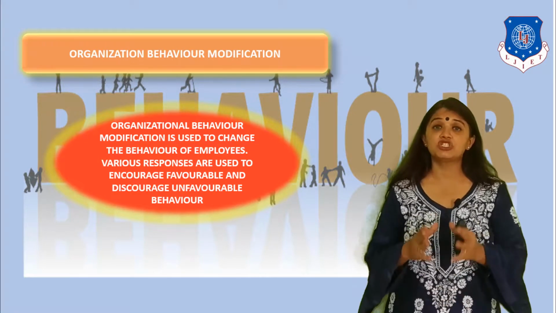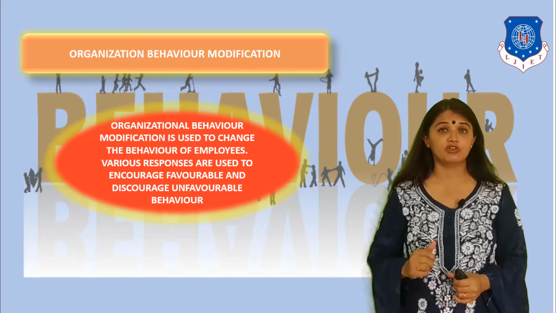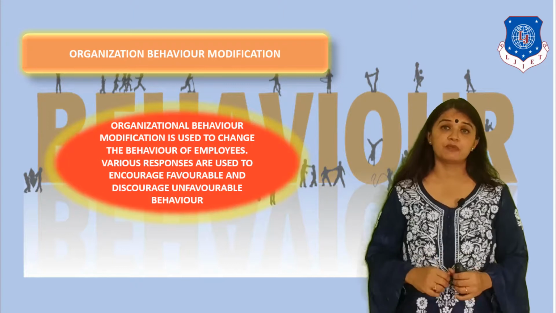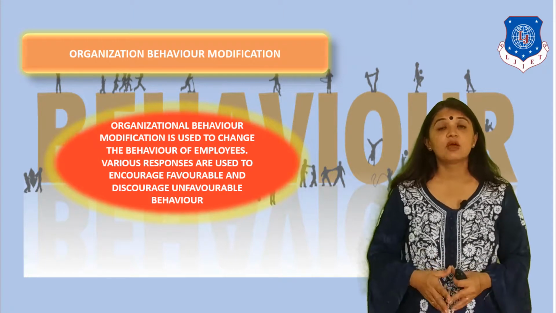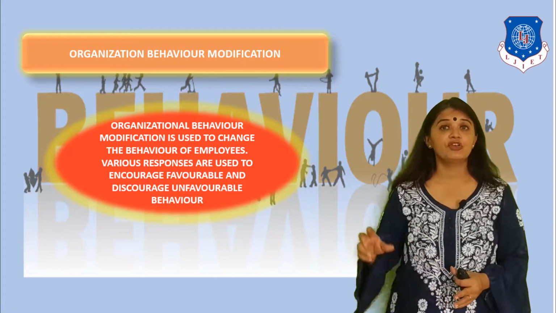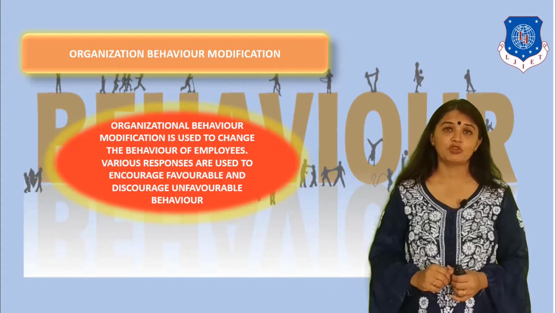So organizational behavior modification is used to change the behavior of employees. It is also called the reinforcement theory. And in this process, various responses are used to encourage favorable responses and discourage the unfavorable responses.